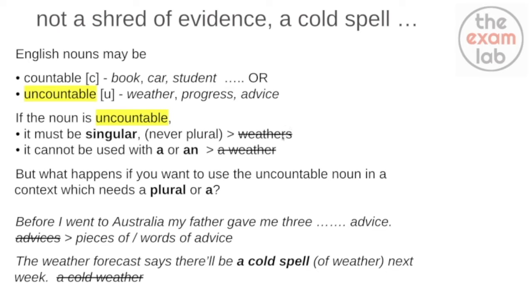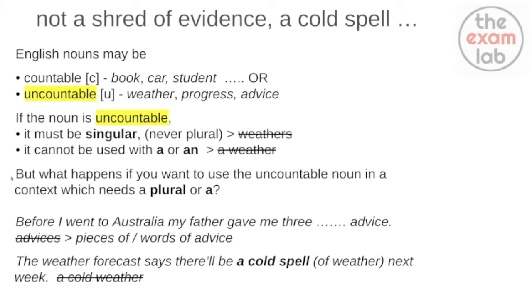So I could never say weather with an S. And the same point expressed in a different way, I cannot have 1, because if I could have 1, then I could have 2, and then I could make a plural. So it cannot be used with a or an, so we cannot say a weather. Right, so we know that, and that's very, very important in English.